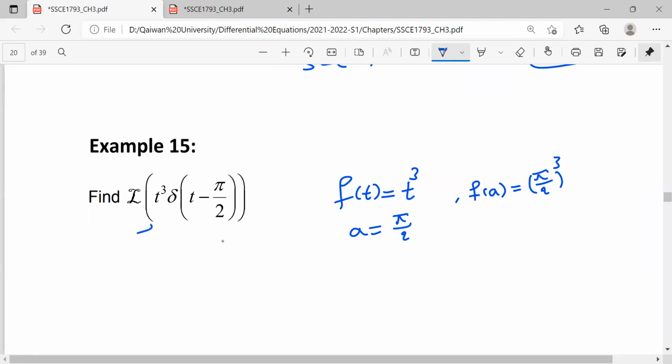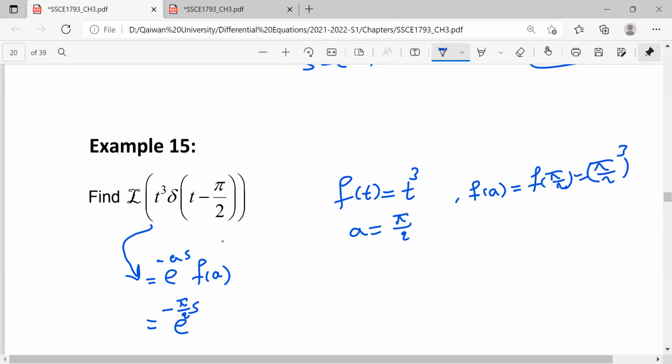The Laplace transform is e to the power minus pi over 2 s times f of a, where f of a is f of pi over 2, which is pi over 2 cubed. That's the Laplace transform for that function.